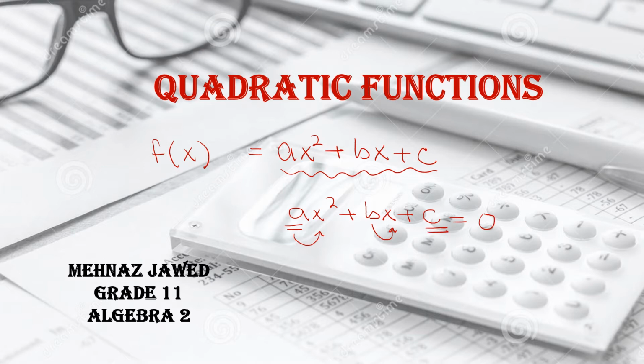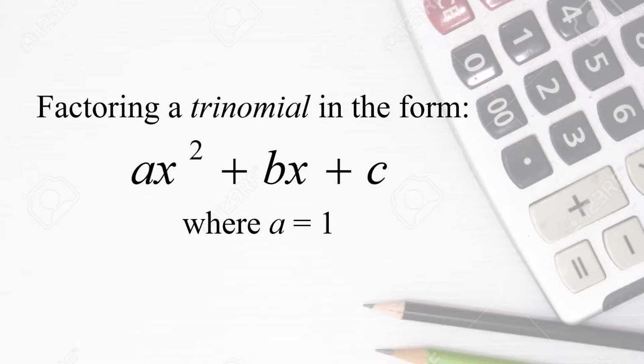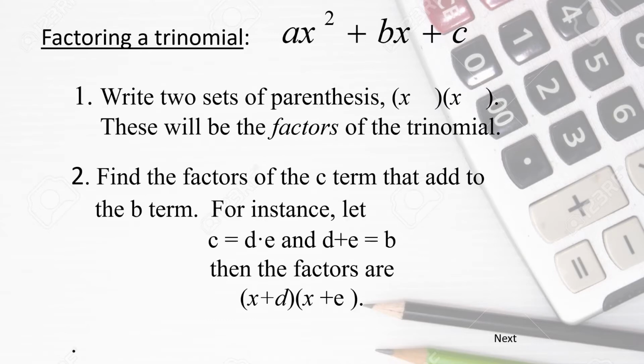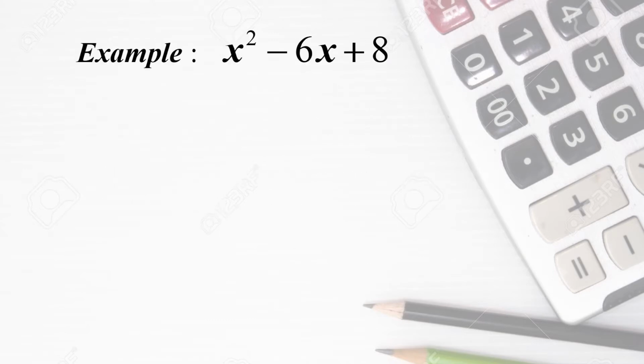with no degree. So here our criteria is to factor a trinomial in the form of ax square plus bx plus c, but make sure that the coefficient of x square, a, is 1. So understand the idea with the help of an example.